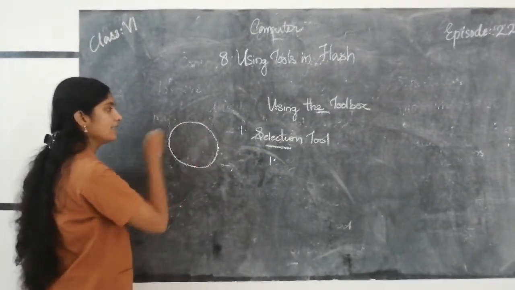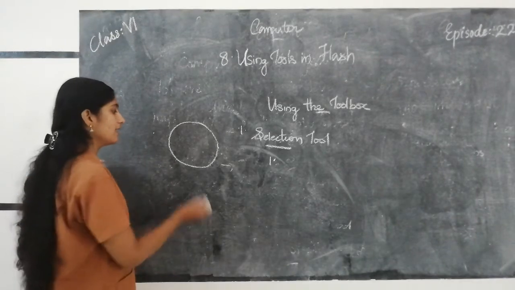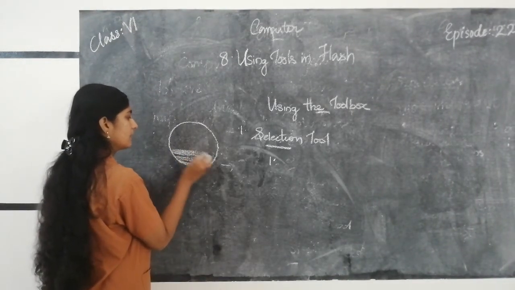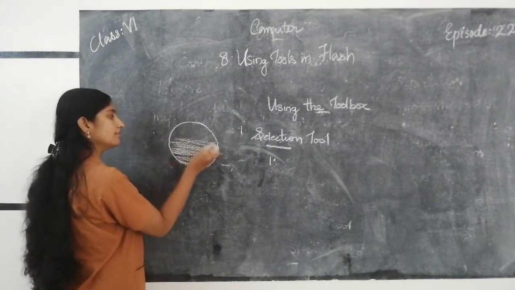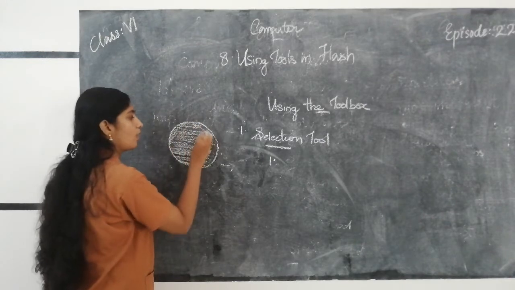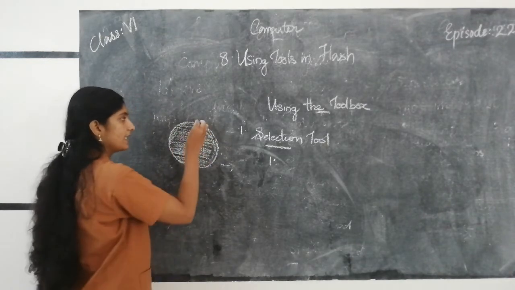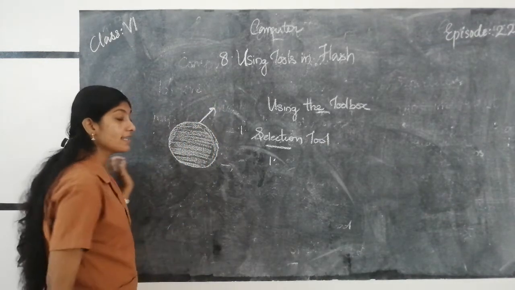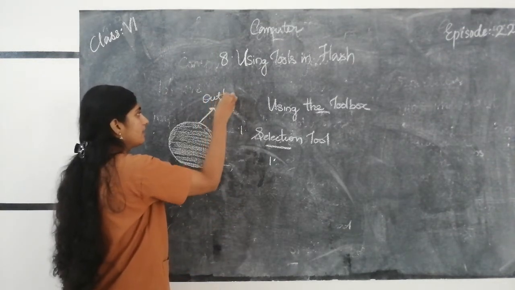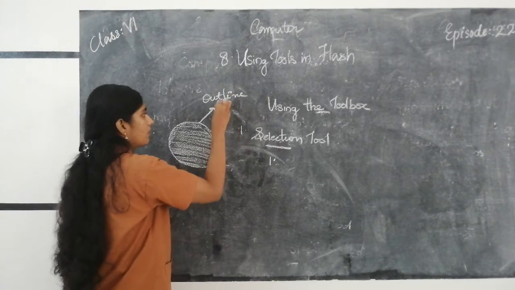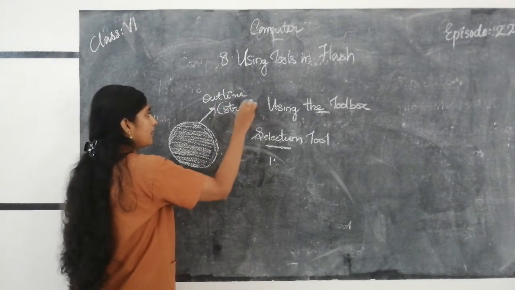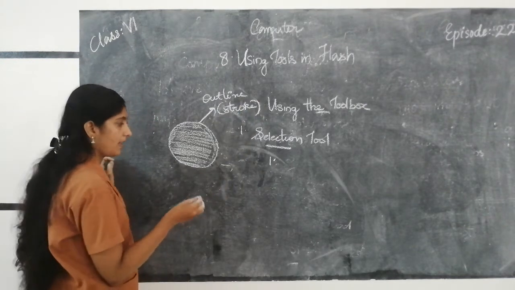Just imagine this is your creation, and it consists of two parts. The outline part is known as the outline or stroke, and that is the first part.